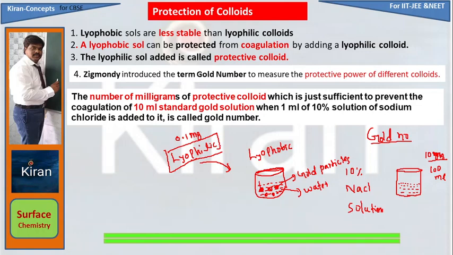Hence this is called a protective colloid. Clear? The number of milligrams of protective colloid, 0.1 mg I am adding, which is just sufficient to prevent the coagulation of 10 ml of standard gold solution. This is how many milliliters? 10 ml of gold solution.